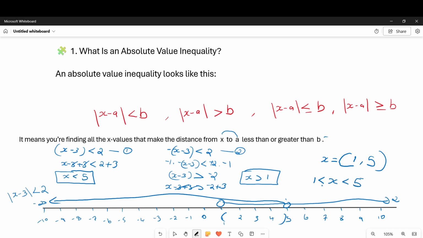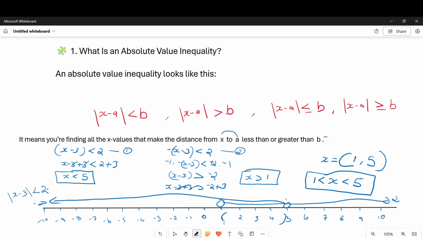So x is greater than 1 and x is less than 5. This is the one inequality. So x lies between 1 and 5.